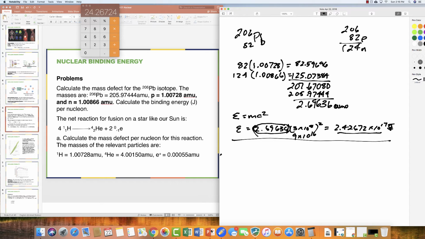Now let's take another one. It says the fusion of the sun is this reaction right here. It says calculate the mass, oh, that's per nucleon. Okay, I forgot. This says per nucleon, so we'd have to divide this number. There are a total of 206 nucleons. So we have to divide this number by 206.